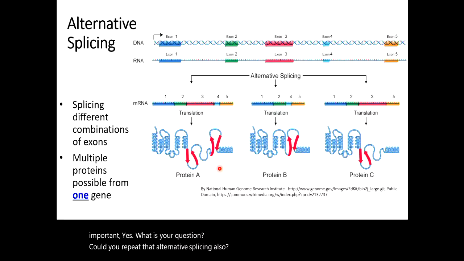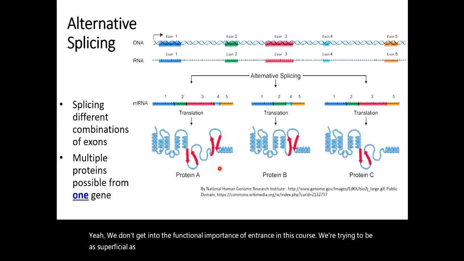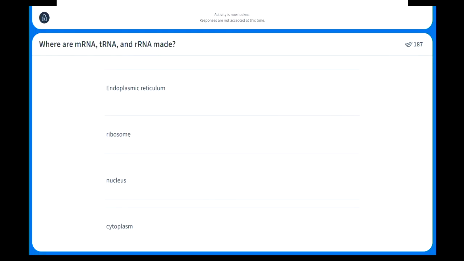Yes, it could take it out as well. We don't get into the functional importance of introns in this course. We're trying to be as superficial as possible to get to the physiology. If you ask me a lot of details on molecular biology, I would refer you to a respective course.